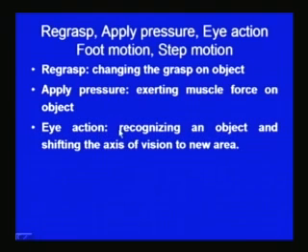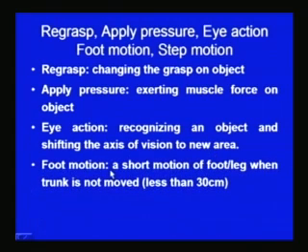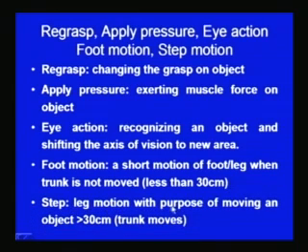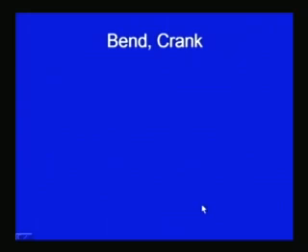Eye action is recognizing an object and shifting the axis of vision to a new area, and foot motion involves a short motion of the foot or leg when the trunk is not moved, and the movement is less than 30 centimeter, while step is leg motion with the purpose of moving an object or moving the body greater than 30 centimeter, in which case the trunk moves.